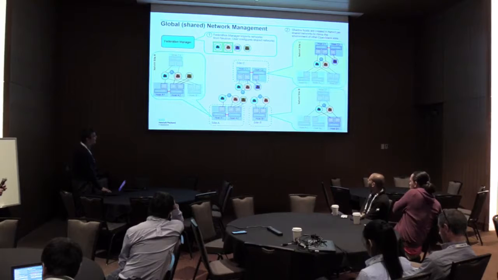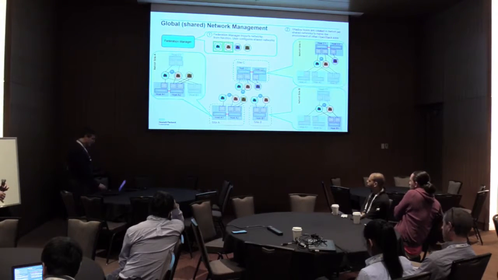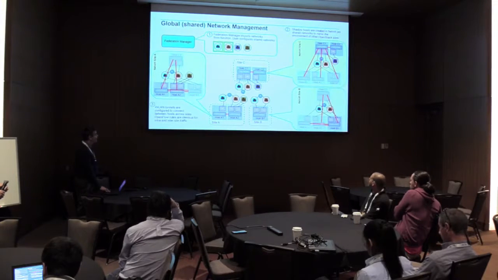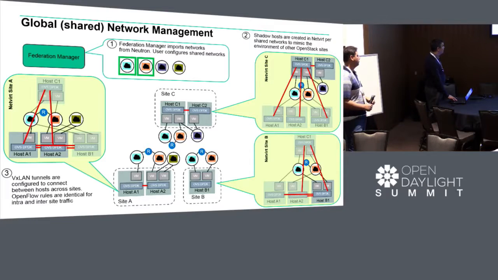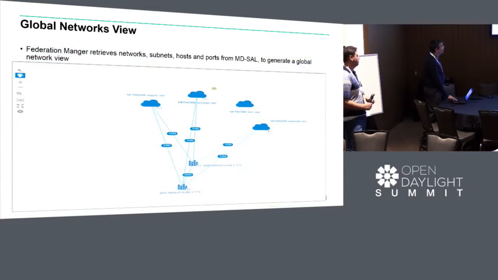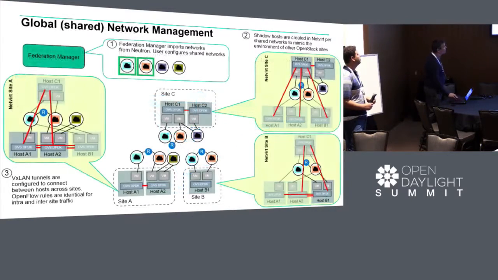So it created a shadow, and each site knows about the others. And we created a tunnel between the different OVSs as needed, based on the network usage, and you have the VXLAN. So the complete solution will have a connection as needed. It looks like it was a single site, okay?